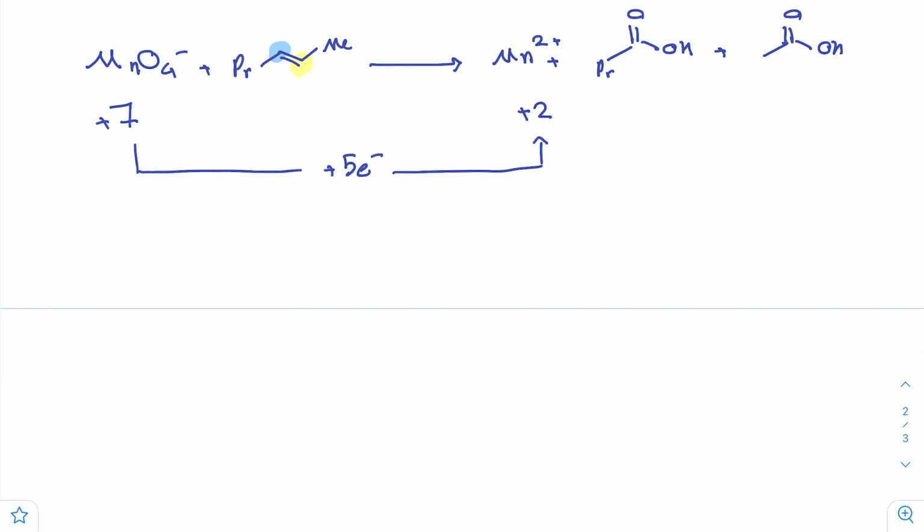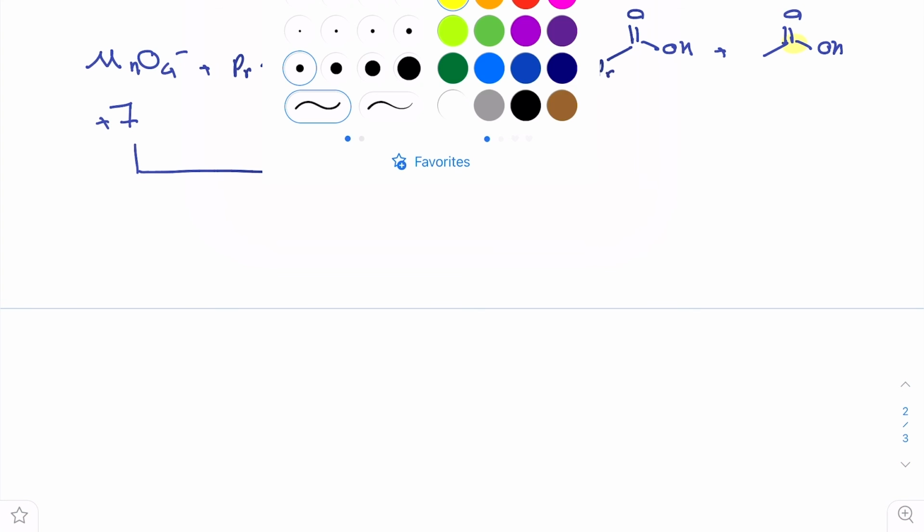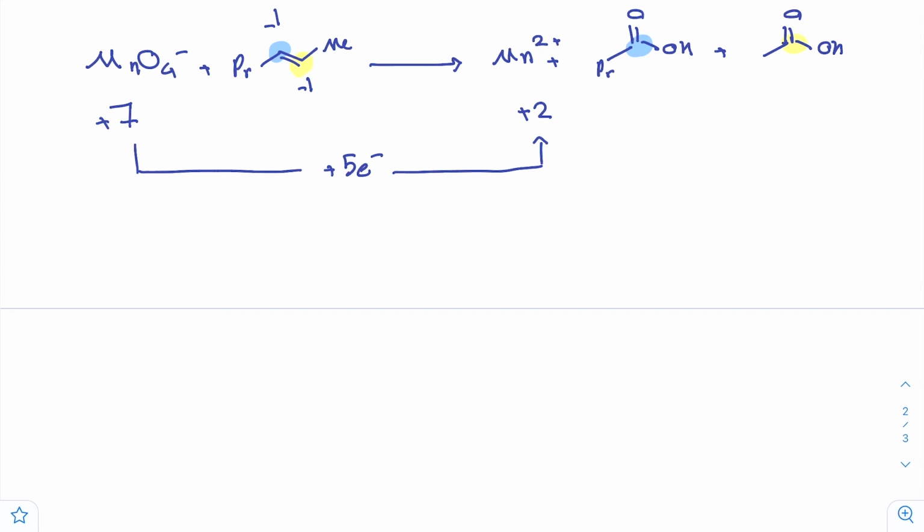In the other molecule, as we said, they go from an oxidation state of -1 to +3. And as I said before, it doesn't matter that one species on the left gives rise to 2 species on the right. That's totally fine. The only thing we need to know is the total number of electrons that the molecule gains or loses. So it goes from -1 to +3 in this and +3 in that.